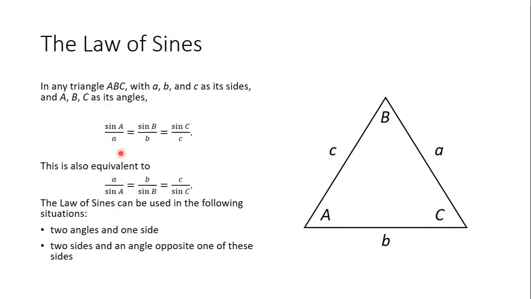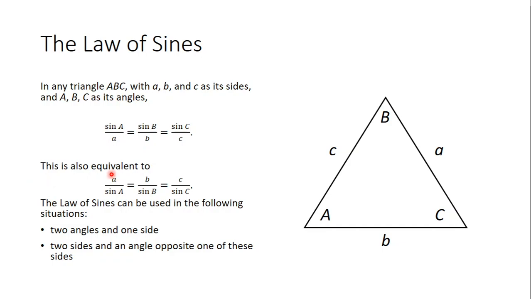The law of sines states that the ratio of sine A and side a is equal to the ratio of sine B and side b, and is also equal to the ratio of sine C and side c.